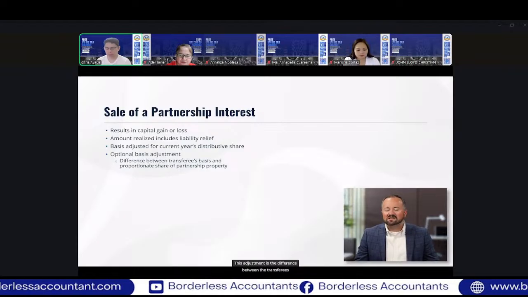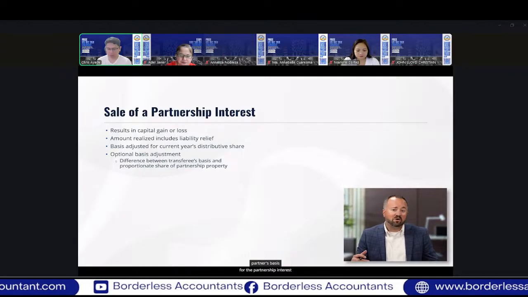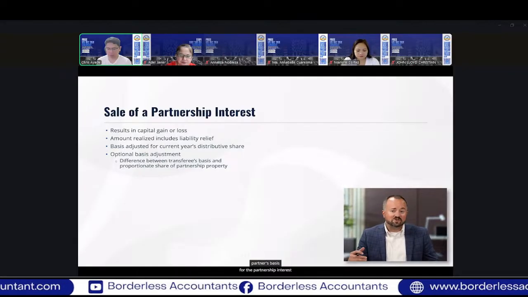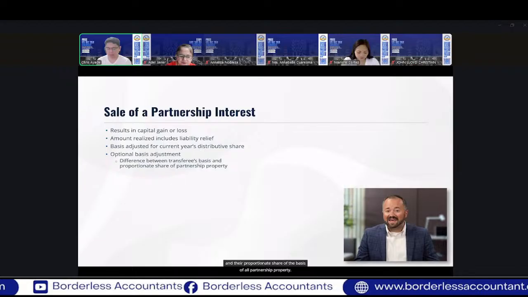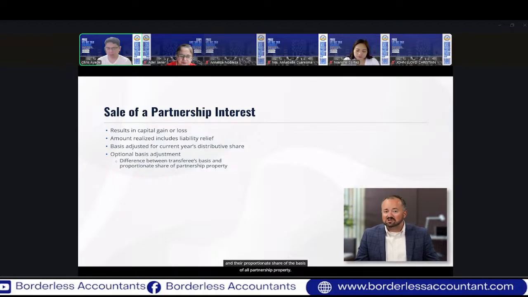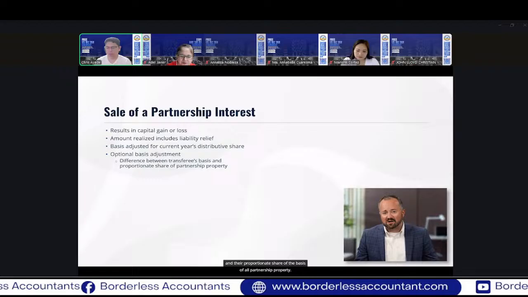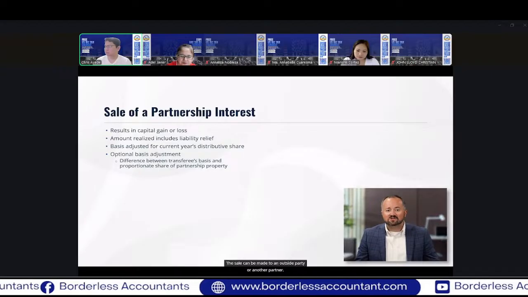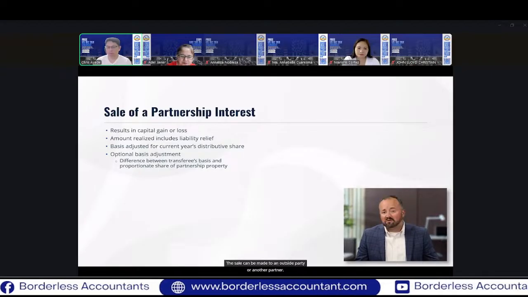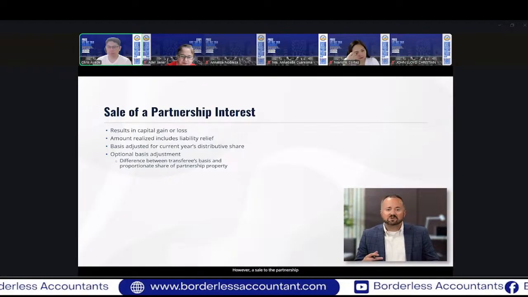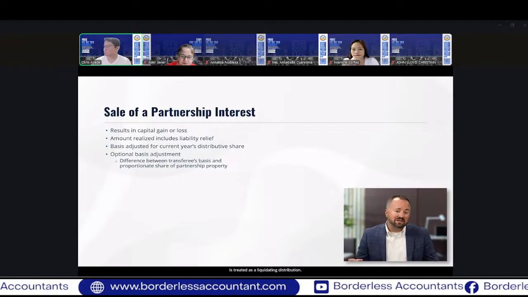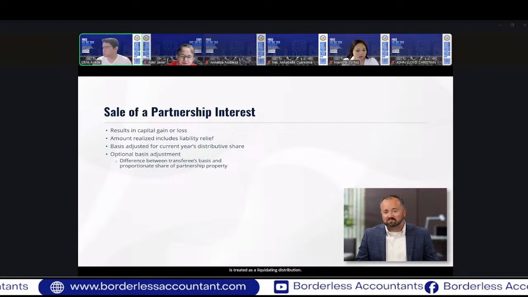This adjustment is the difference between the transferee partner's basis for the partnership interest and their proportionate share of the basis of all partnership property. The sale can be made to an outside party or another partner. However, a sale to the partnership is treated as a liquidating distribution.